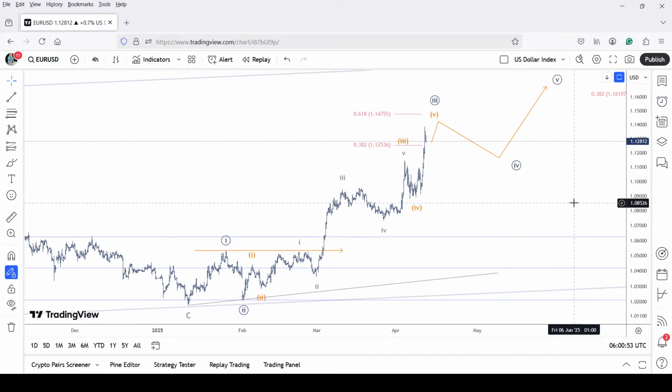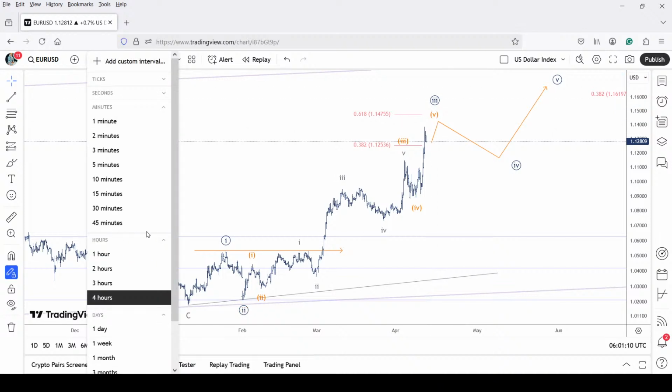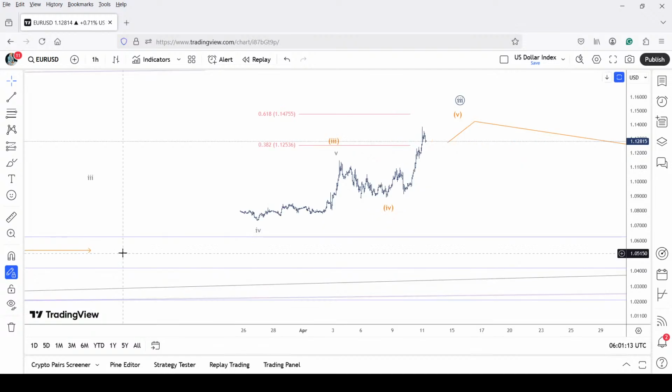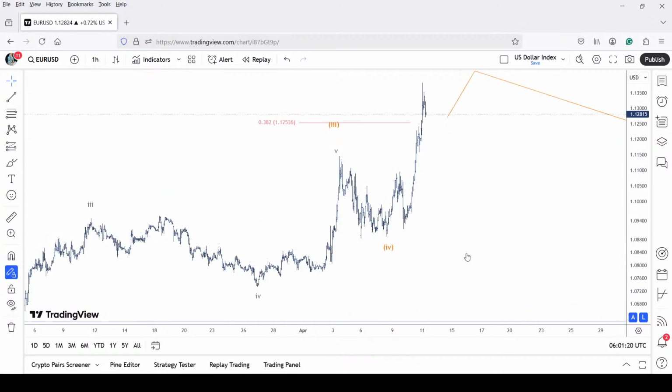More or less, it is very clear that euro is progressing within the third wave of minute degree, and one lesser degree would be it's progressing within the fifth wave of minute degree, and if you want to go one more step lower, then it looks like the third wave just finished. I think the third wave was again an extension.